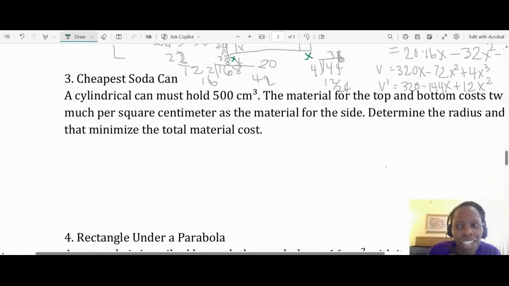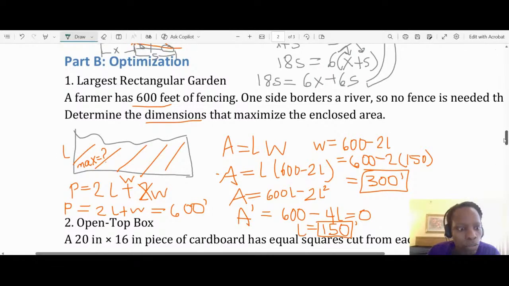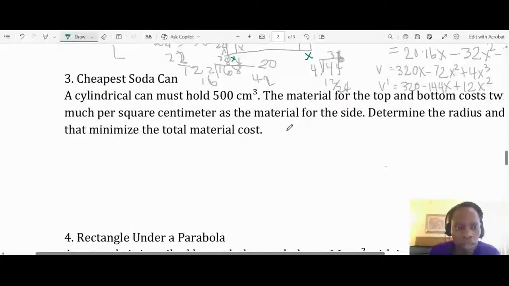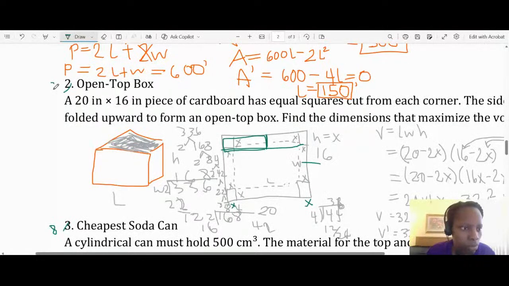Hold on. Oh, I called it 7, but actually it started over for part B. So my bad. That's 7. I mean 8. Number 3 is 8. I call this 7.